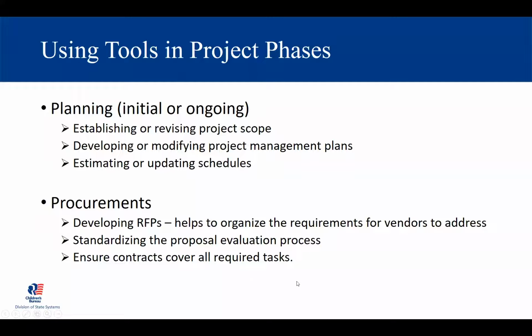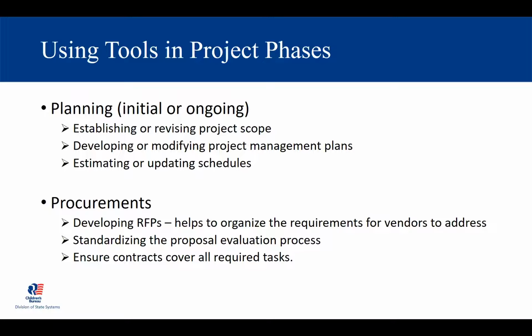Moving on to procurements, the same information that's on the tools can help you draft more specific and concrete RFPs and other procurement documents. And this additional specificity will hopefully result in you getting back proposals that can be more easily evaluated against each other because they're addressing specific concrete requirements that you have in your RFPs.